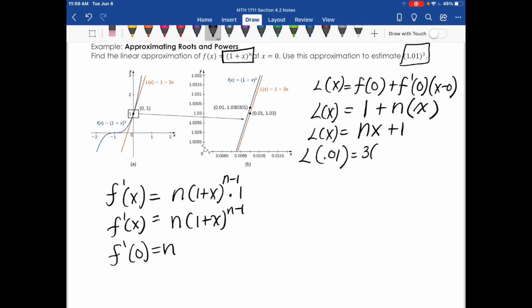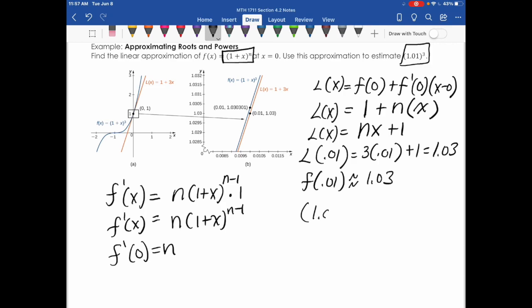And if I want my power to be 3, my n is going to be 3. So I have 3 times 0.01 plus 1, and that's going to give me 1.03. So we can say that f of 0.01 is approximately 1.03.